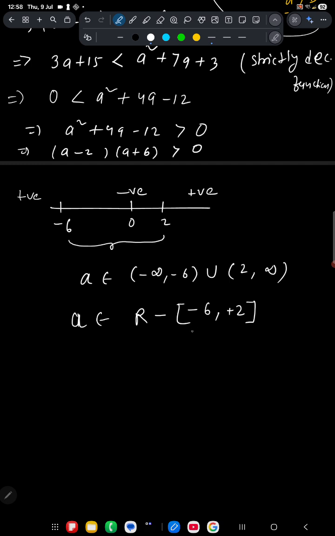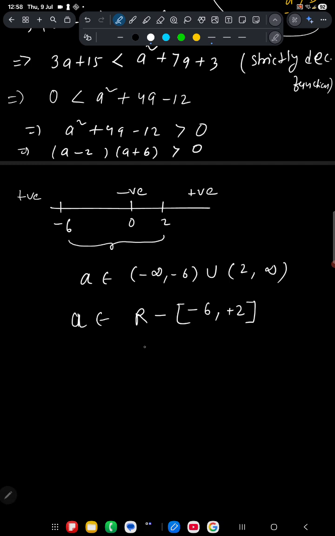Now, why closed interval? Because 2 is also not included. The moment we include 2, it will become 0, so strictly decreasing function will not apply. Strictly decreasing means greater than 0, equal to sign is not there. Because there is no equal to sign in strictly decreasing function, for that reason we are removing minus 6, the corner point, and 2 also, the corner point.